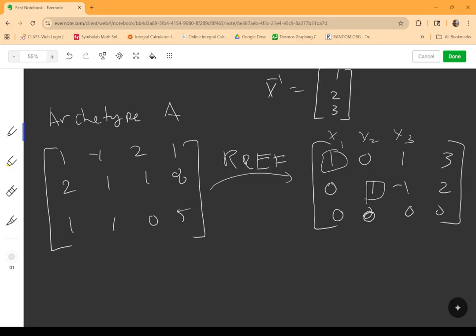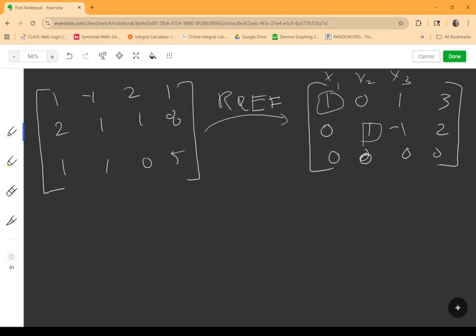When that happens, the way we interpret this is, x3 doesn't have a unique solution, so I can just call it t, some parameter. It can be whatever I want. Then if I go up here, x2 minus x3 is 2, but I already defined x3 as t.